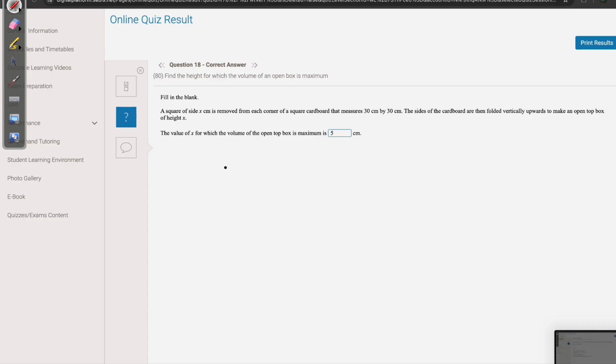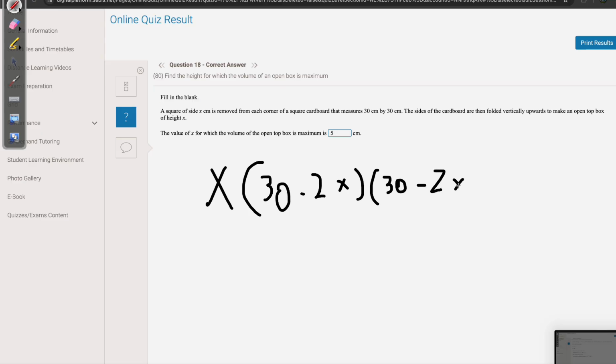So we're gonna do x, and then it's 30 minus 2x times 30 minus 2x, which is, at the end of the day, x times 30 minus 2x, all of that squared.